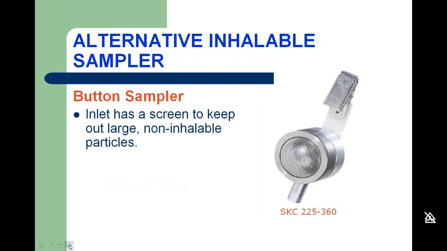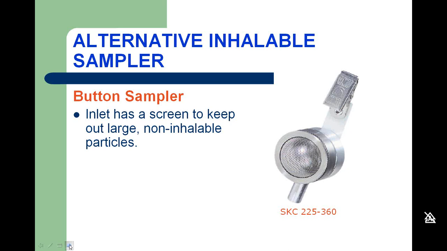Since the development of the IOM sampler in 1986, other inhalable samplers have emerged. Shown here is a sampler developed by researchers at the University of Cincinnati called the button sampler. The inventors of this sampler have noted the advantages shown on the slide.